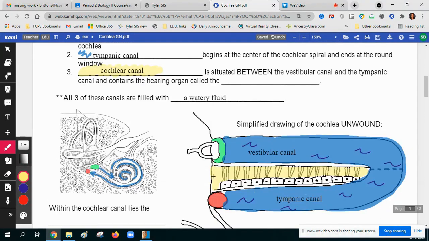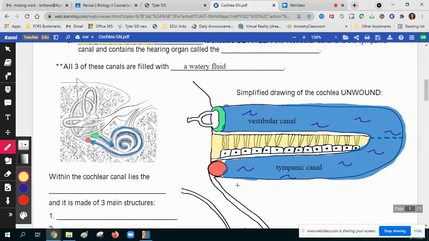Okay, I've colored my cochlear canal space in this sort of light yellow and made a note up here that that's what that is so we know. So we've got our vestibular canal, our cochlear canal, and our tympanic canal. This is all set up for what's inside of that cochlear canal.